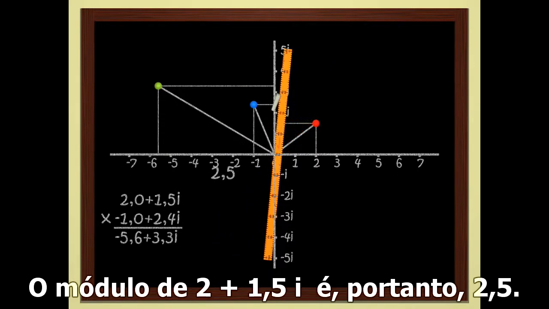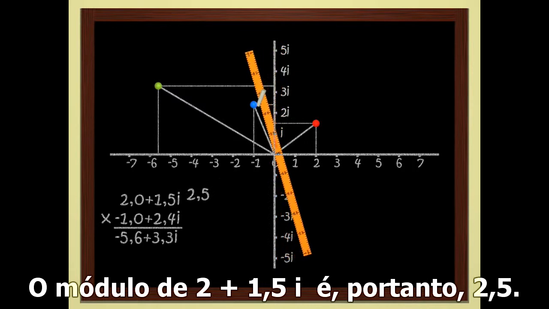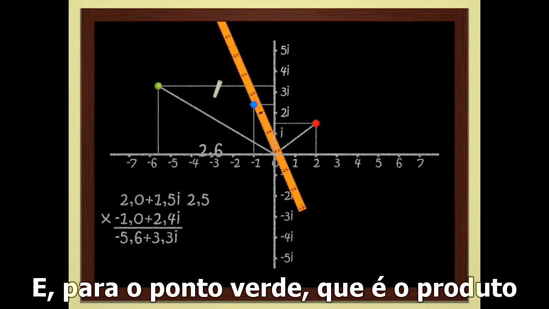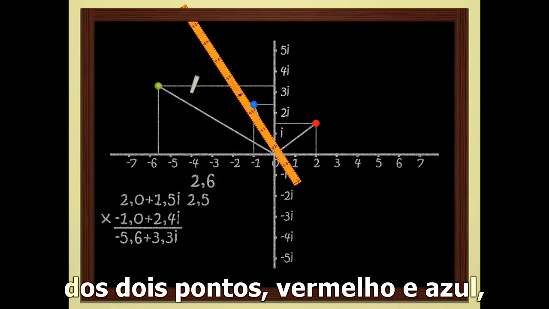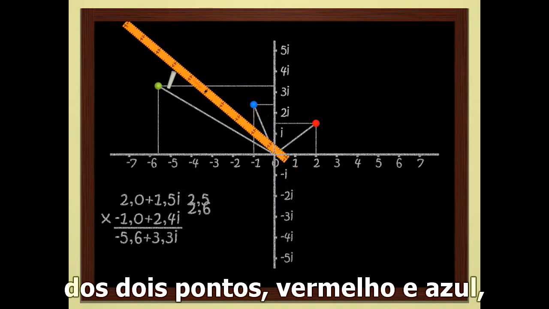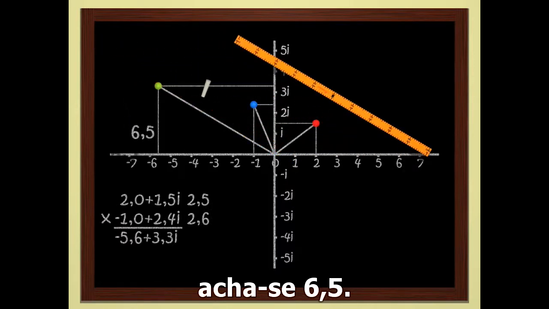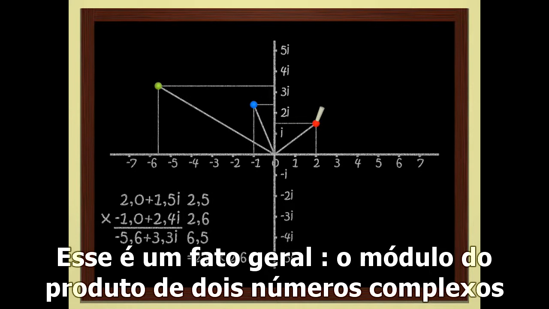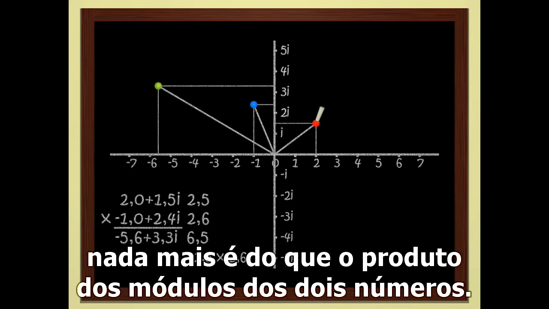The modulus of 2 plus 1.5i is therefore 2.5. For the blue point, I get 2.6. And for the green point, which is the product of the 2 points, I have 6.5. As a rule, the modulus of a product of two complex numbers is just the product of the moduli of the two numbers.